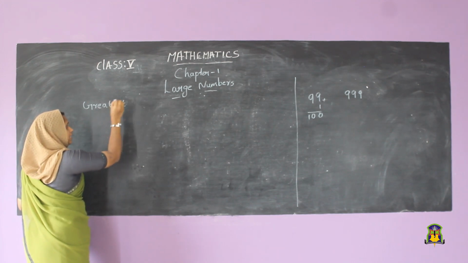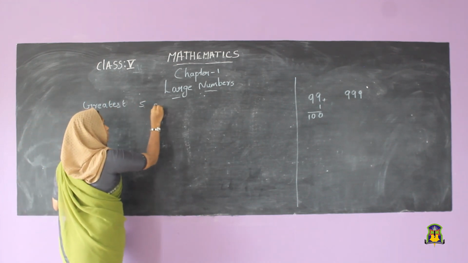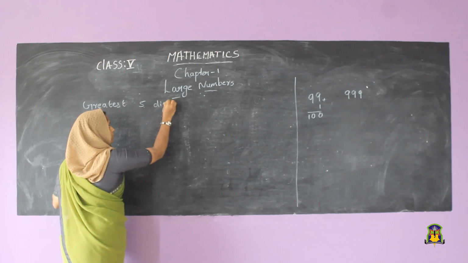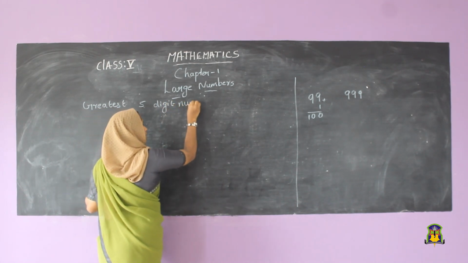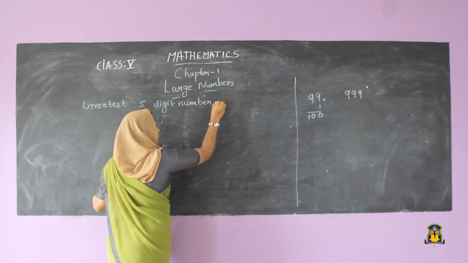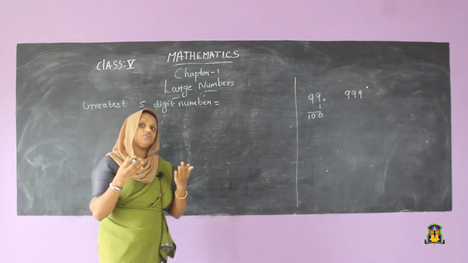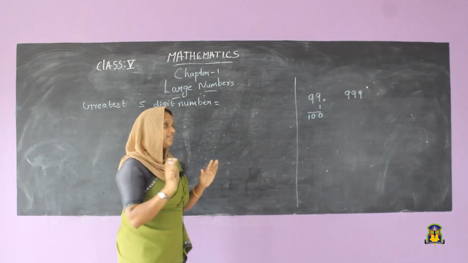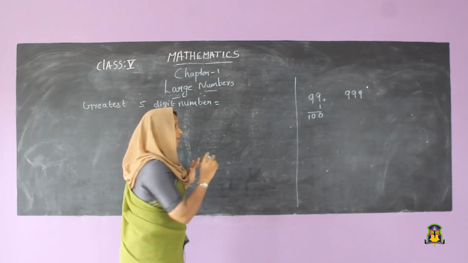Now what is the greatest 5-digit number? We know greatest means it includes 9. So five 9s will be there.